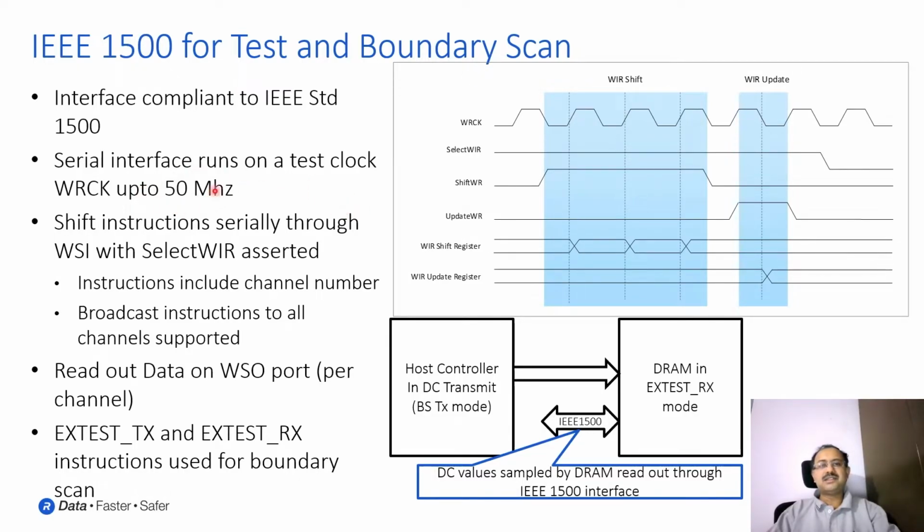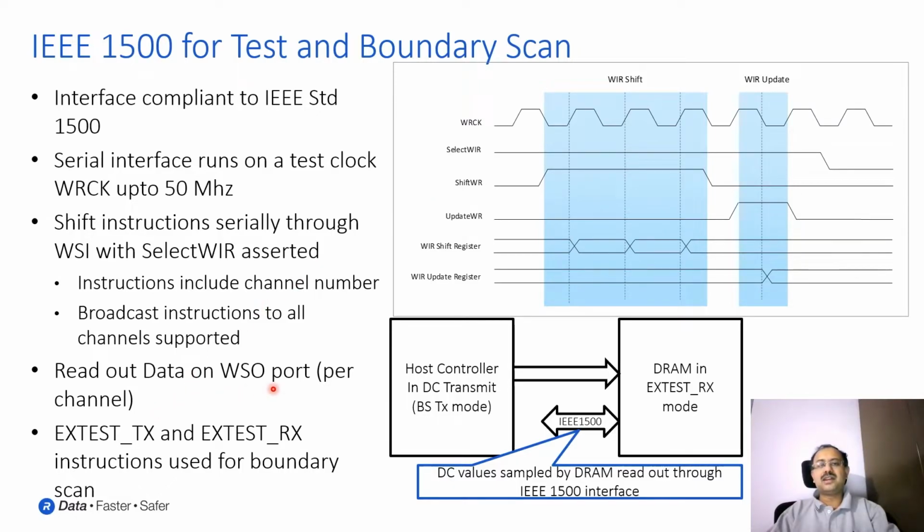This interface has the ability to shift in commands as well as shift in data when the command is for writing into a register, a WDR or a command register. The choice of whether it's going to be an instruction command or data is decided by the select WIR signal. Instructions also include the channel number, so we can send commands to a specific channel or broadcast them to all the channels.